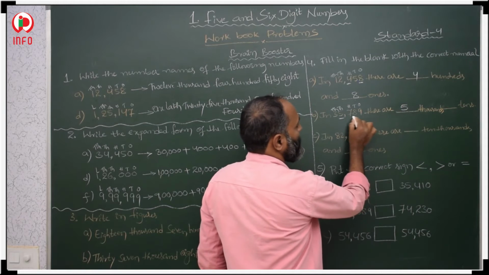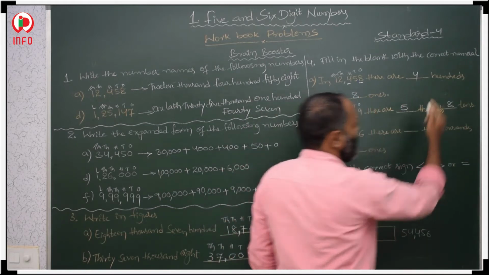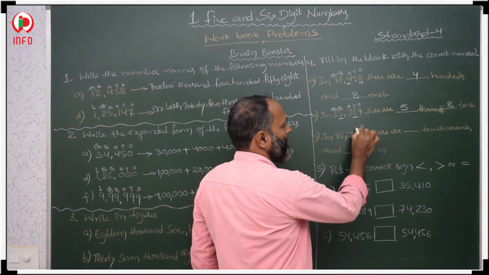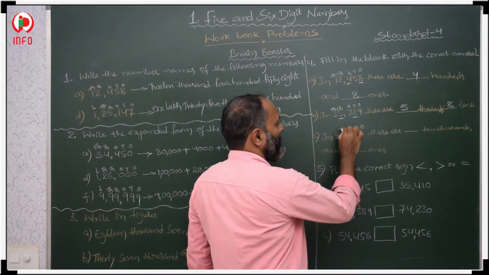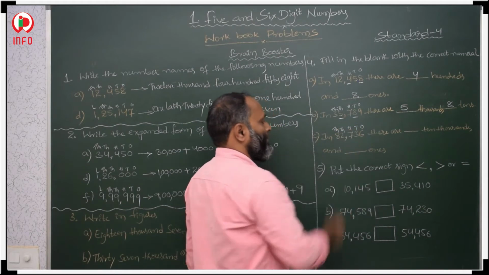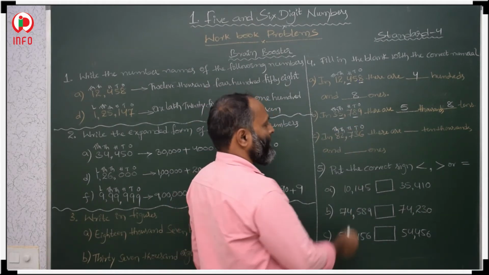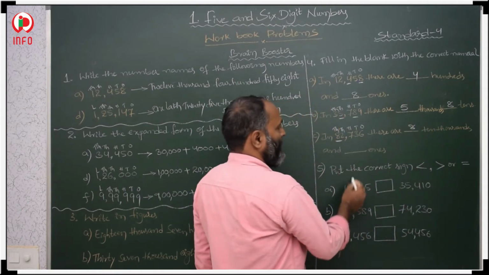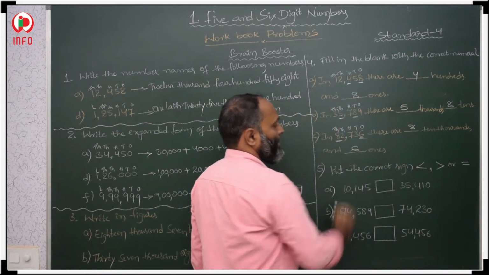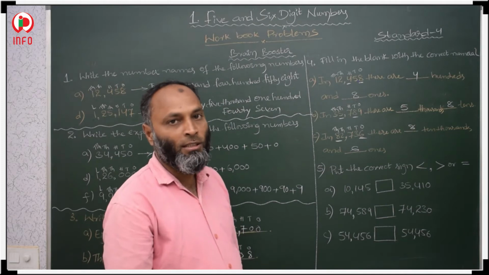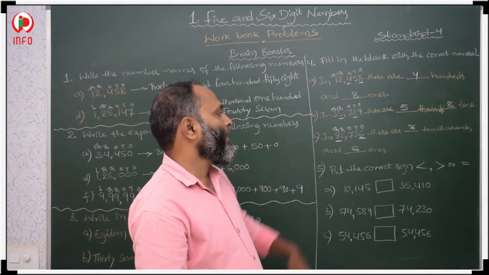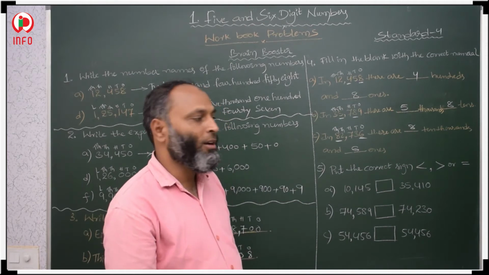And how many tens? 8 tens. Then there are dash 10,000s. How many 10,000s? 8 10,000s. And how many ones? 6 ones. 8 10,000s were there in the given numeral.